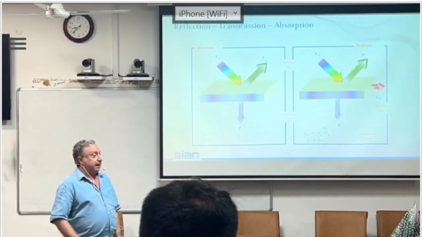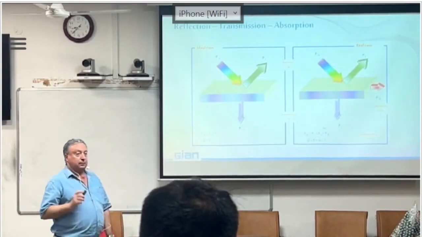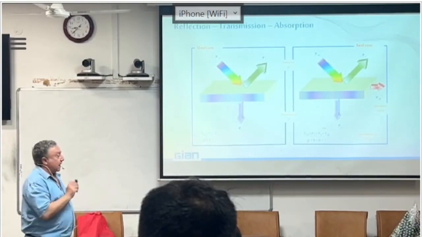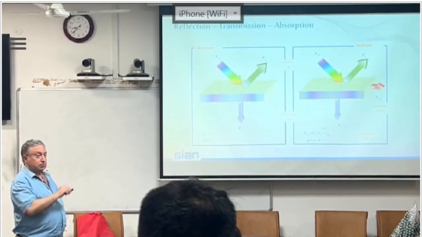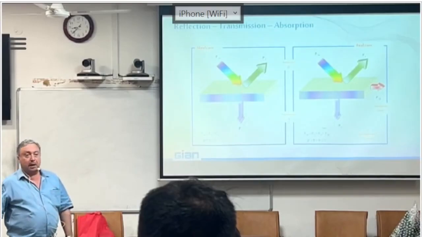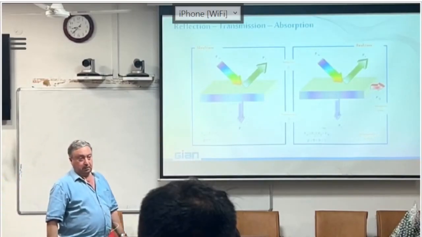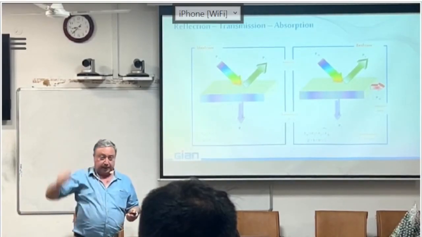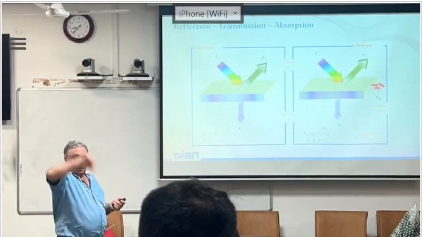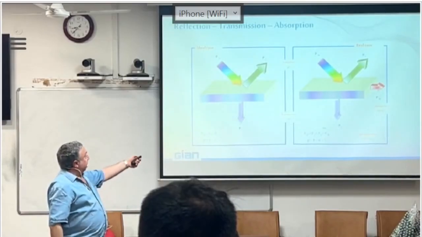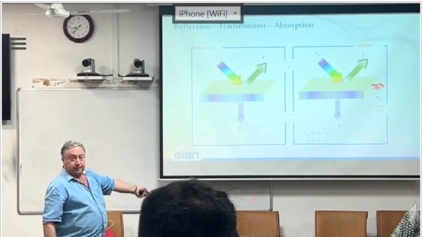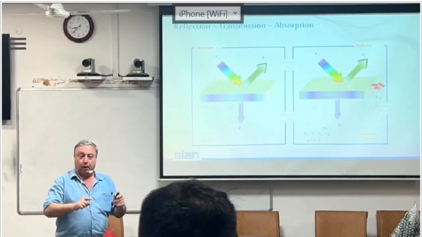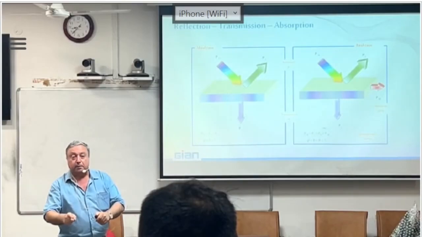Okay? In fact, you can understand that in a different way. Here you have a beam, but imagine that you have a single photon arriving here. A single photon has probabilistic behavior. Okay? When the photon arrives here, it is thinking, now I can go there or there. My probability to go there is ρ. My probability to go there is τ. That's because ρ and τ are always between 0 and 1.